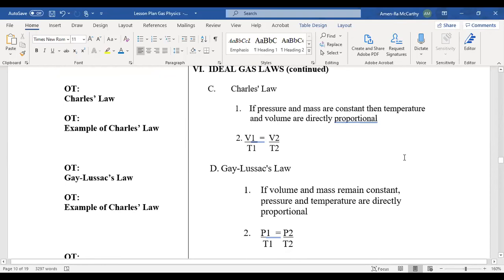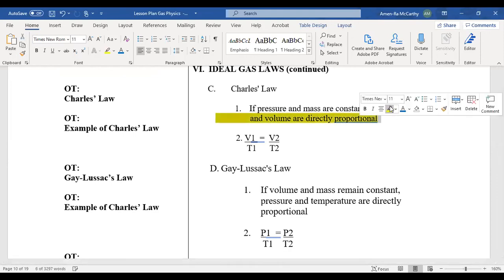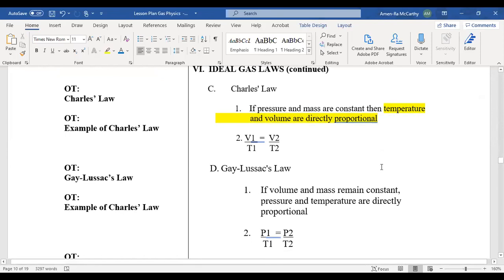Charles's law says that if pressure and mass are constant, then temperature and volume are directly proportional. So that means if the temperature goes up, the volume goes up.